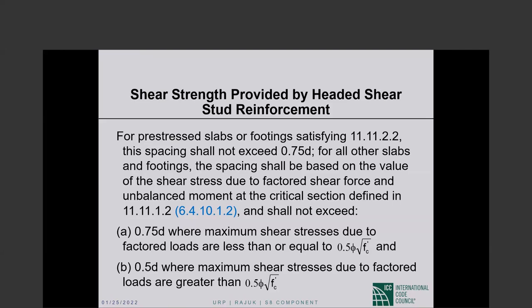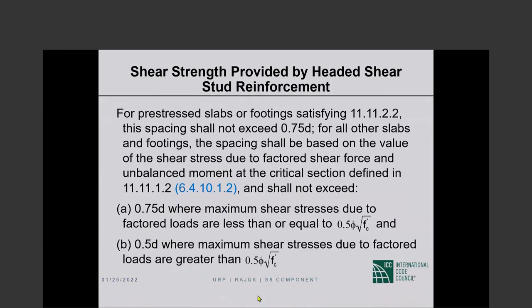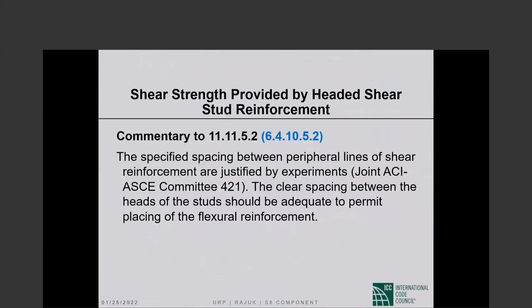If it is a conventionally reinforced slab, there is no post-tension, then the spacing shall not exceed 75% of D if the shear is less than or equal to 6 square root of f sub c prime, and the spacing shall be reduced to 50% of D if the shear is more than 6 square root of f sub c prime. That's the sum of everything that has been said.